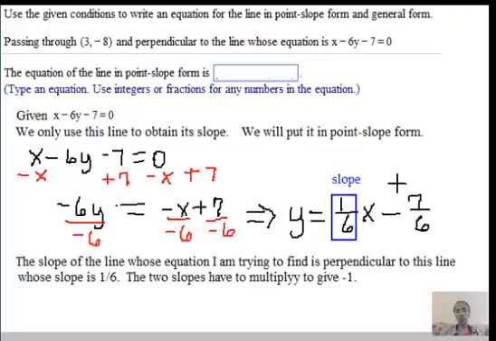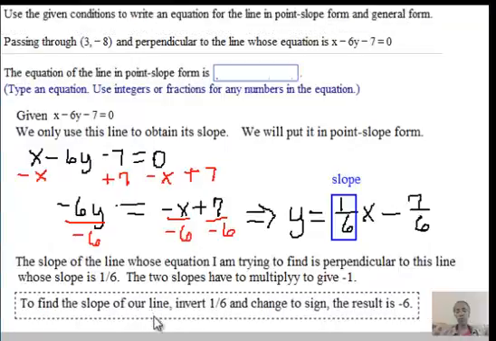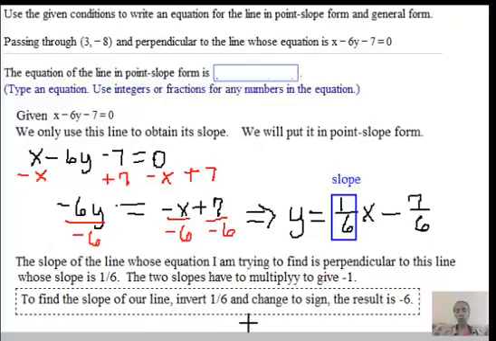So the line whose equation I'm trying to find is perpendicular to this line whose slope is 1/6. The two slopes have to multiply to give negative 1. So to find the slope of the line that we're really interested in, we are going to invert 1/6 and change its sign.